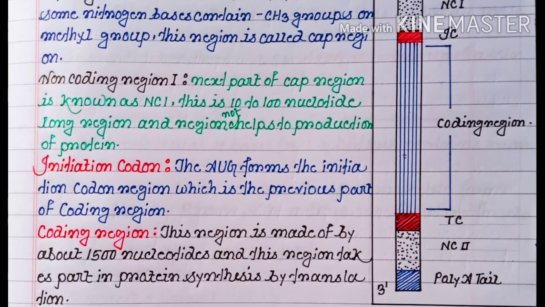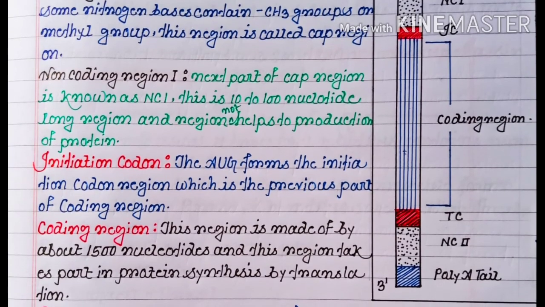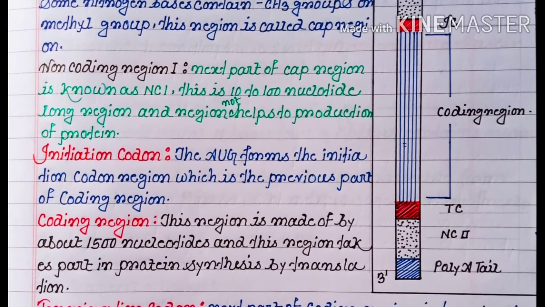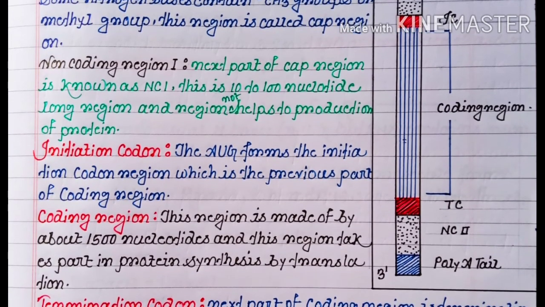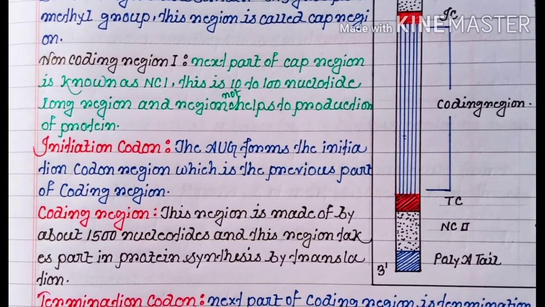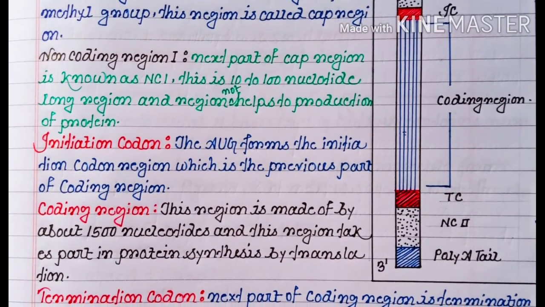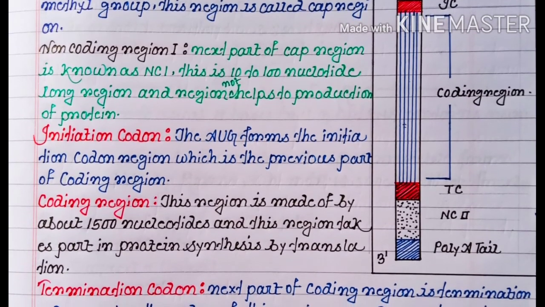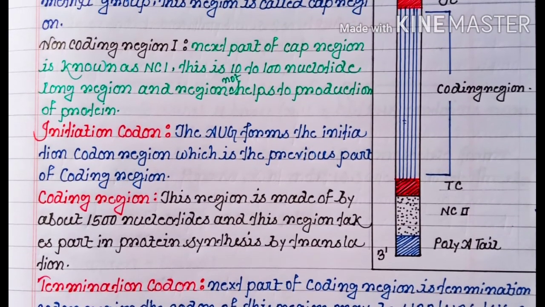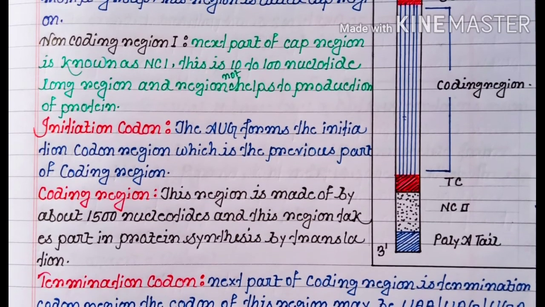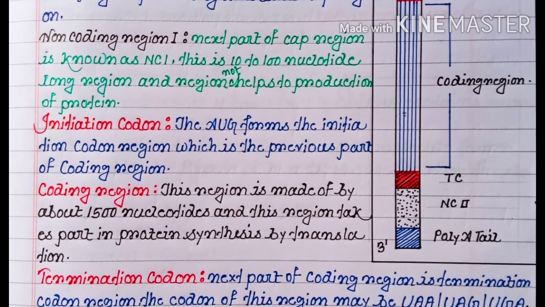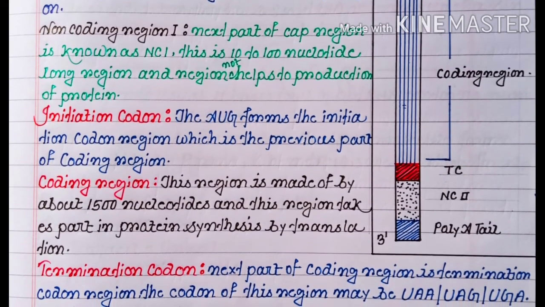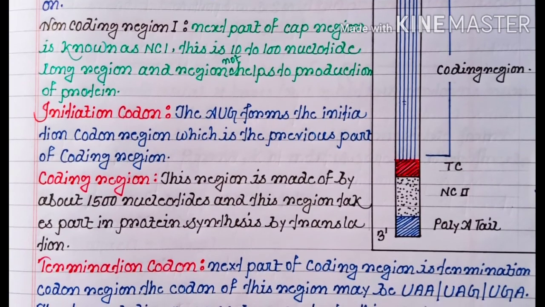Next, the initiation codon. The AUG forms the initiation codon region, which is the previous part of the coding region. Next, the coding region. This region is made up of about 1500 nucleotides, and this region takes part in protein synthesis by translation.